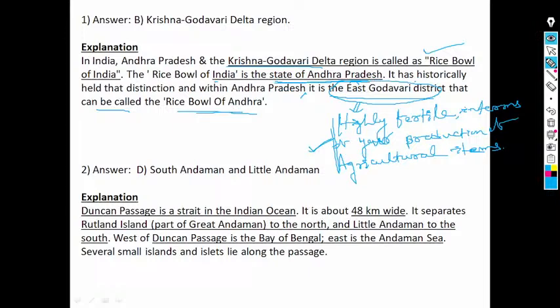Rice bowl in terms of your production of agriculture items basically.